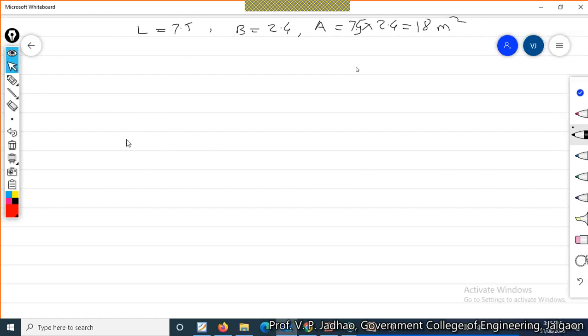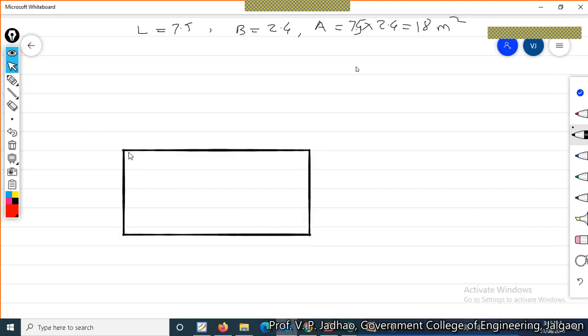Now if you see, this is your footing in plan, and this is your column C1, and this is your column C2. Some load W1 is acting on this column, and some load W2 is acting on this column.